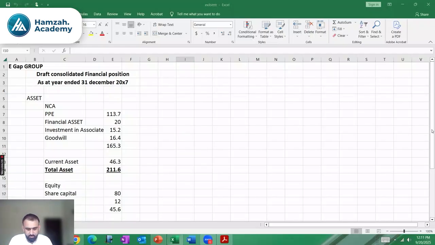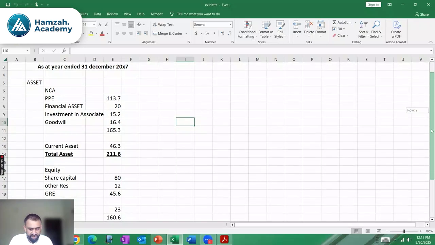Using that information, we have to adjust the balance sheet, the financial position, as you can see on your screen.